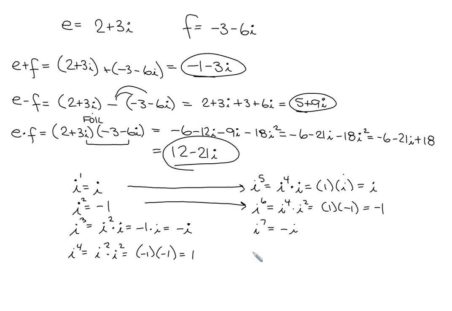Okay? And so it turns out that this thing repeats in cycles of 4. i to the ninth would be the same as i to the fifth. i to the 10th would be the same as i to the sixth, etc. You're just multiplying by another i to the fourth power, which is just 1. Which means that we can now do things like i to the 267th power, and we can simplify it.